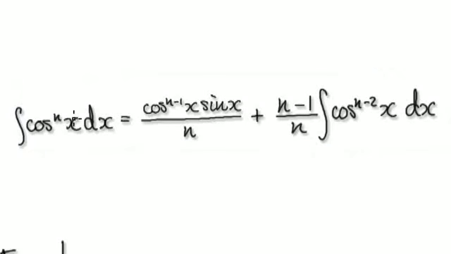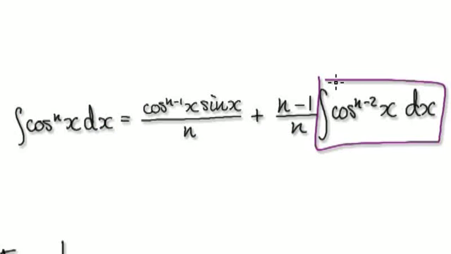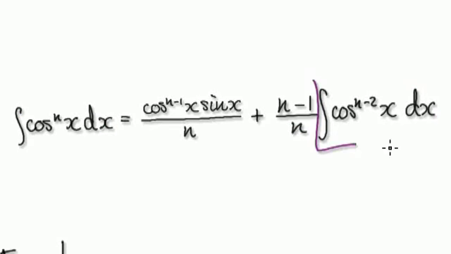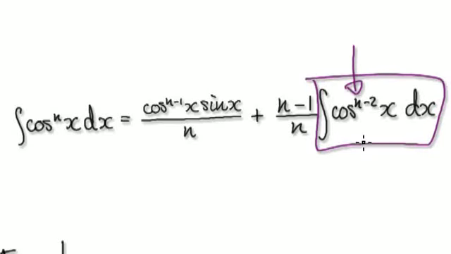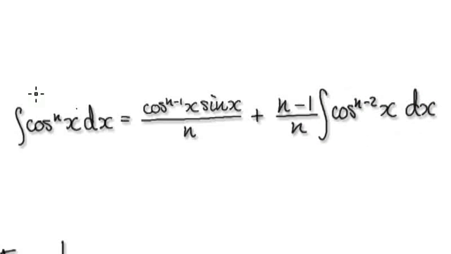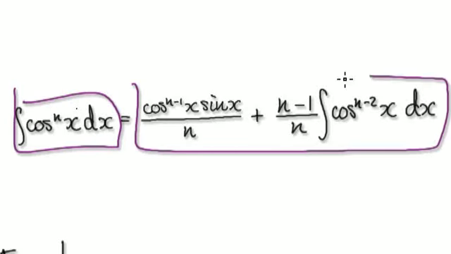To work out cos to the power of n, it will give you this. You still have to evaluate this, but it becomes slightly simpler. So then you would repeat the process on this part here. For example, if you want to integrate this, it will become this.